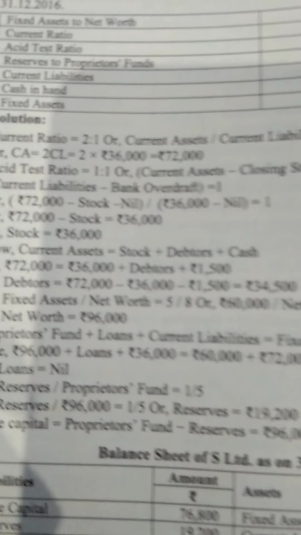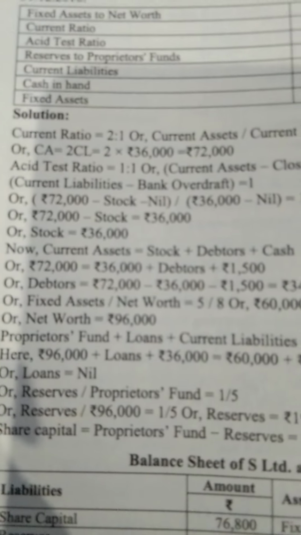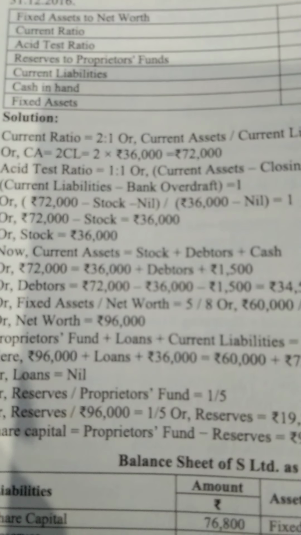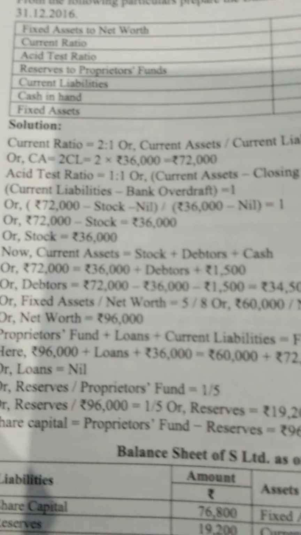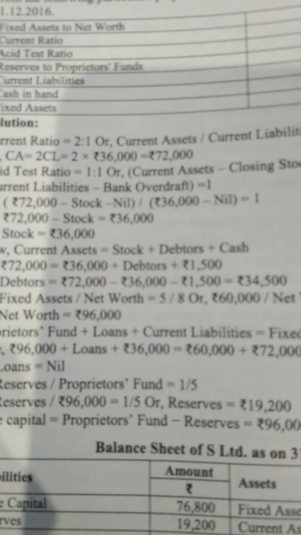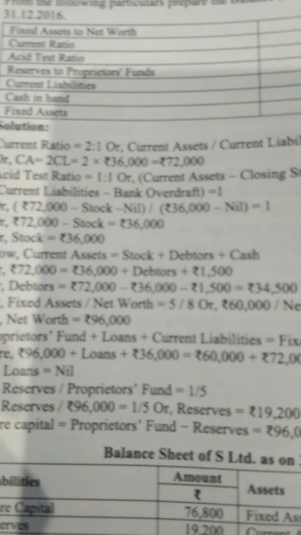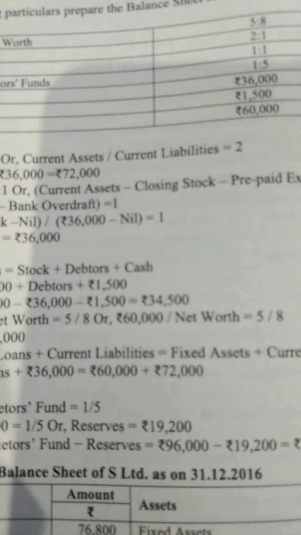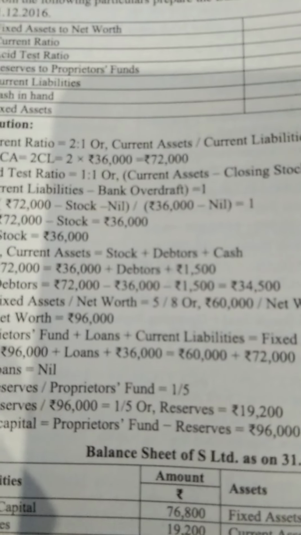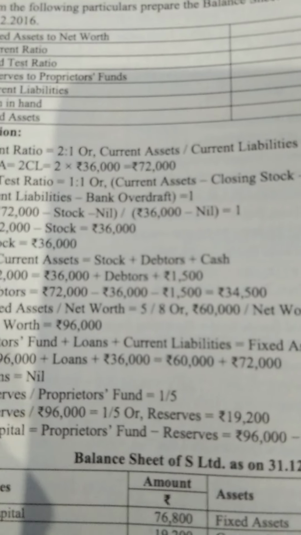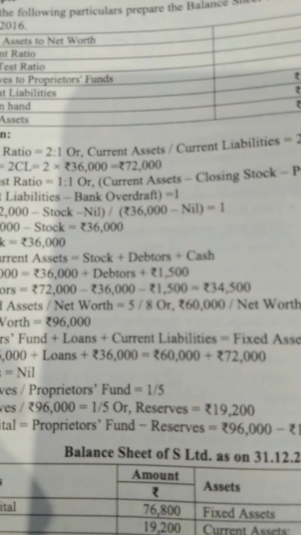What is current assets? We have just calculated 72,000. What is stock? That is closing stock, minus nil prepaid expenses. Why is it assumed as nil? As prepaid expenses information is not given in the question, it has been considered as nil. But closing stock has not been considered as nil.